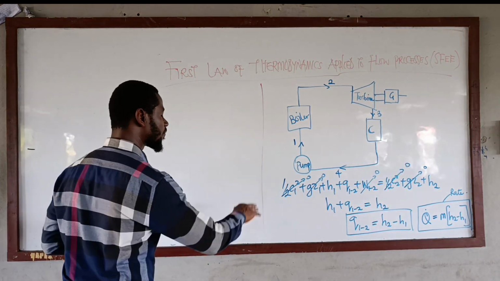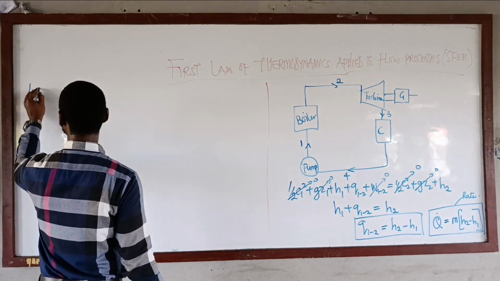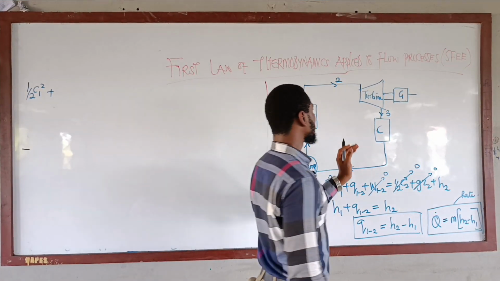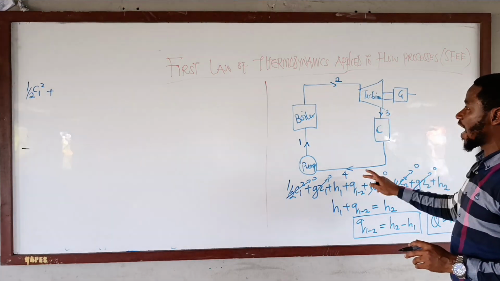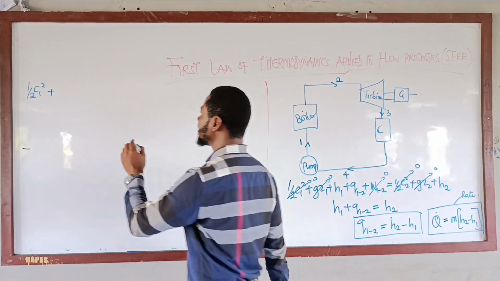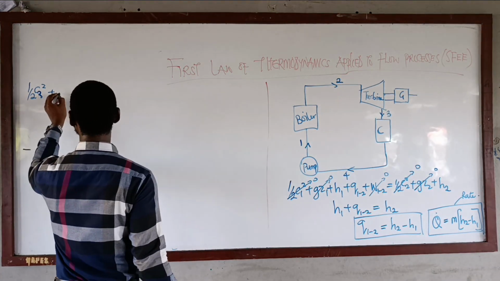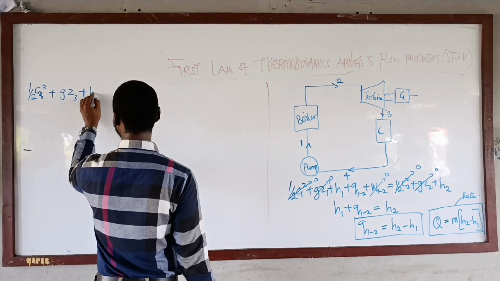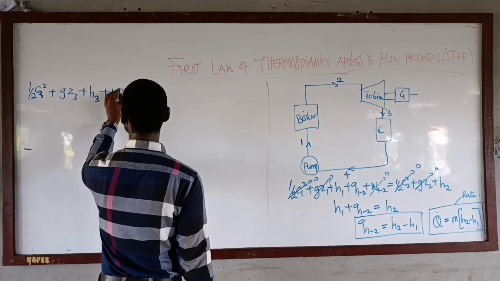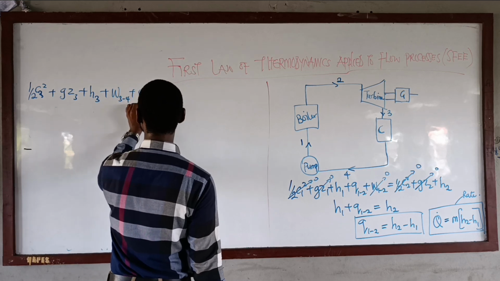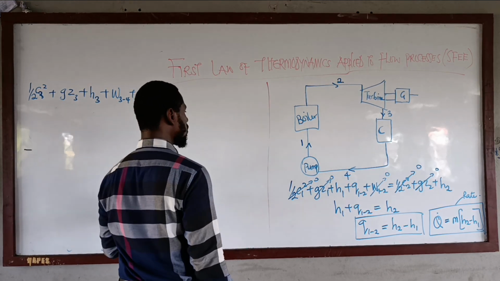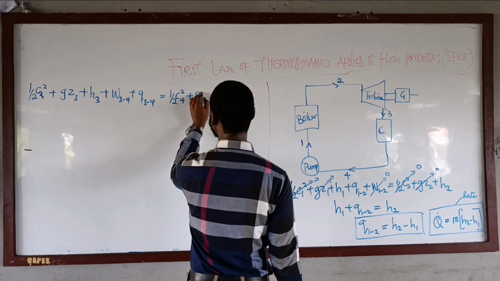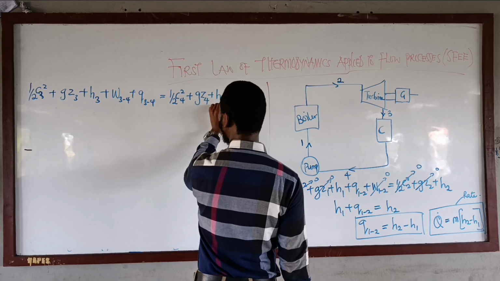So we go back to the equation, half C1 square plus... at this level, the condenser lies between state 3 and state 4. So the kinetic energy at this level becomes half C3 square plus gZ3 plus H3 plus W3 to 4 plus Q3 to 4 equals half C4 square plus gZ4 plus H4.